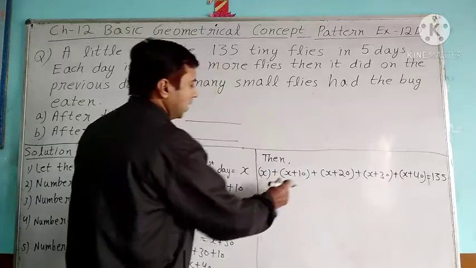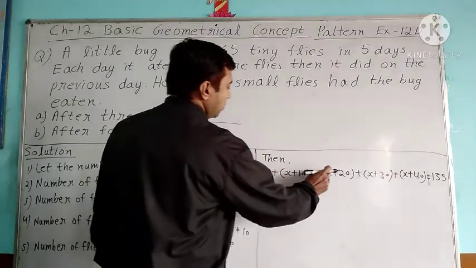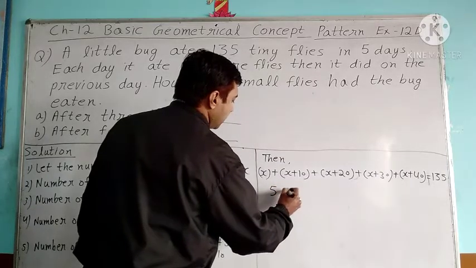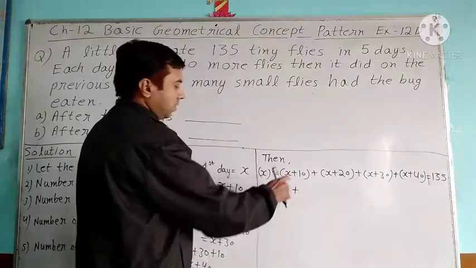Now what do we do? We add all the x. 1, 2, 3, 4, 5, 5x plus.